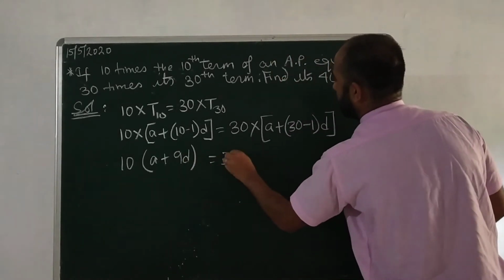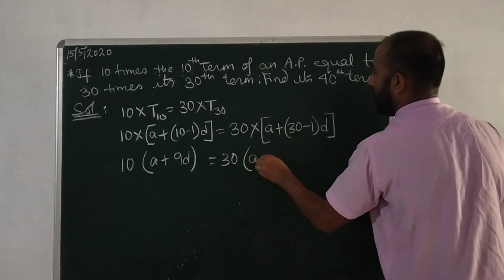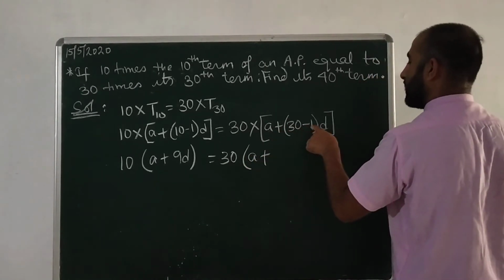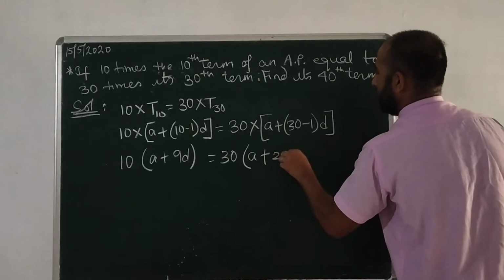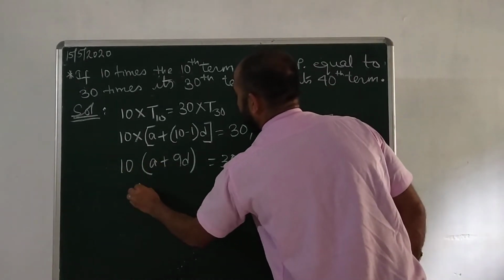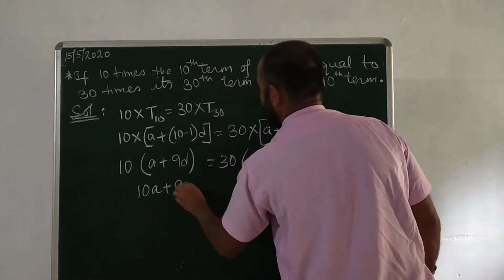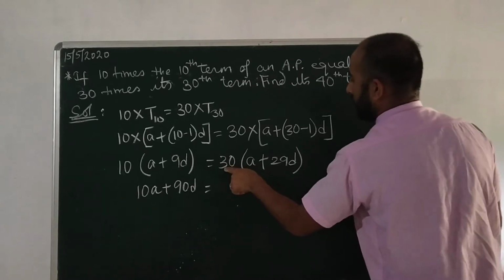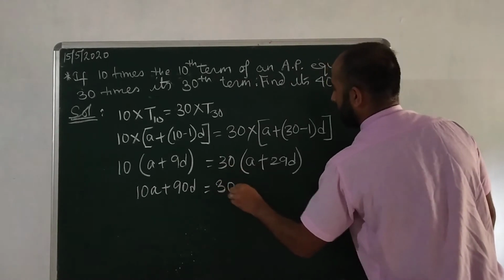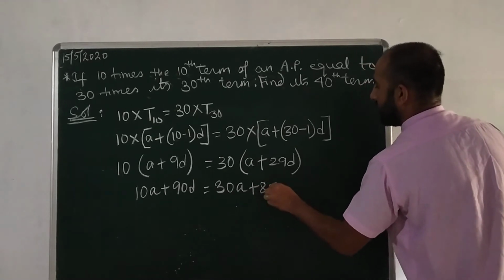Similarly, this side 30 into A plus (30 minus 1), that is 29D. Let's multiply: 10 into A, 10A, 10 nines are 90D, equals 30 into A, 30A. Okay, 30 into 29 will give you 870D.